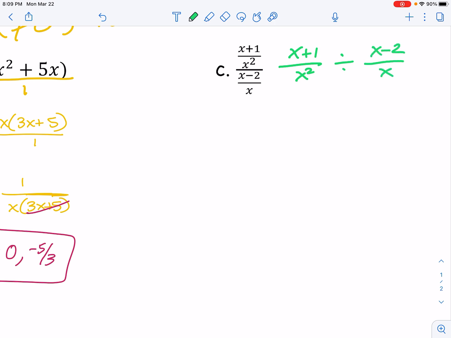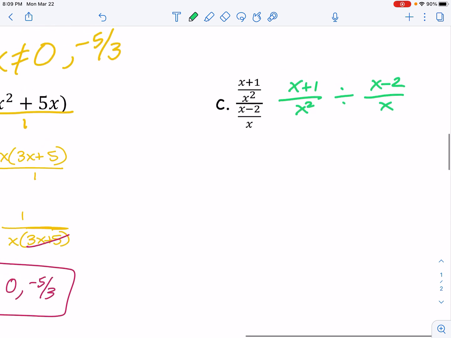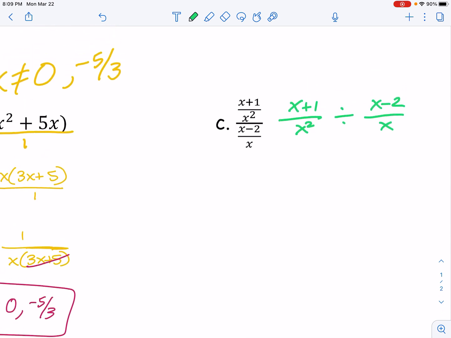Now I get a better idea of what my problem is looking like, who's in my denominator, etc. Lucky for us, there's no factoring that needs to happen. So what I'm going to go ahead and do is write out some excluded values. So right from the get-go, I know that x cannot be 0 because of this denominator and because of that denominator. Now I would factor, but it's already factored for me.